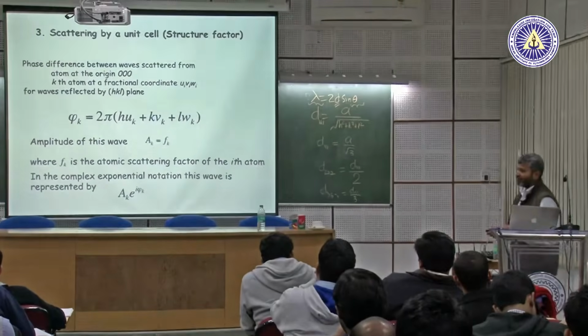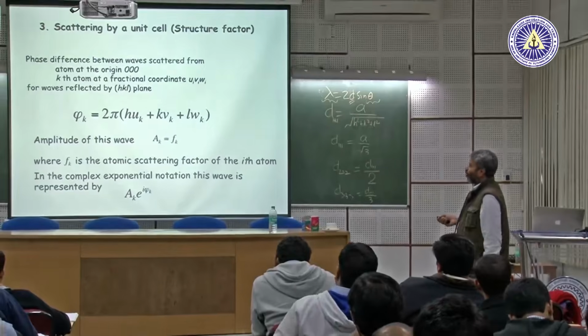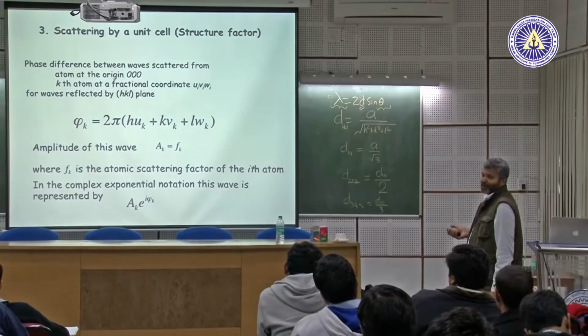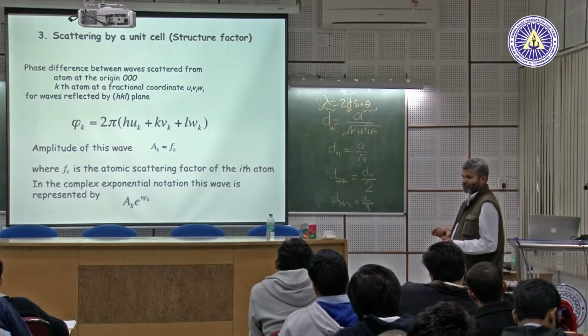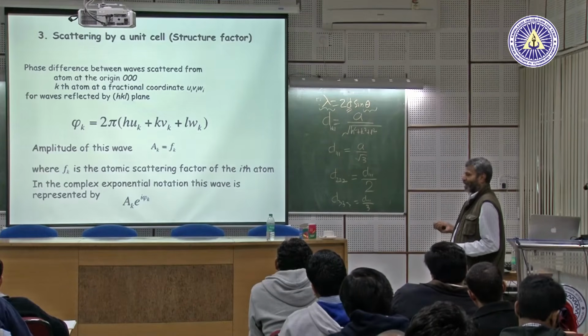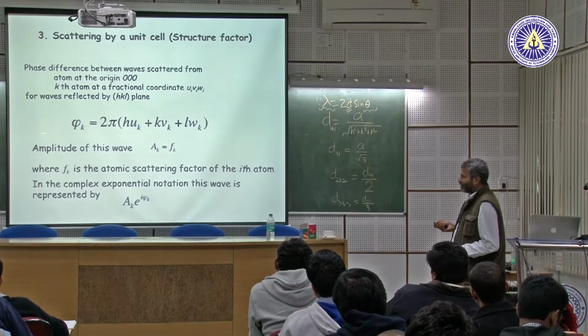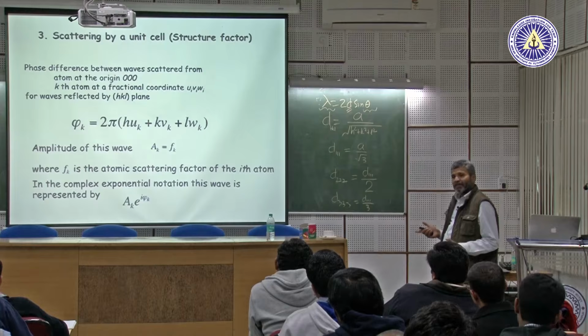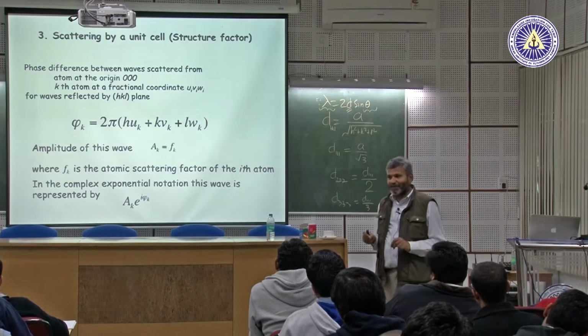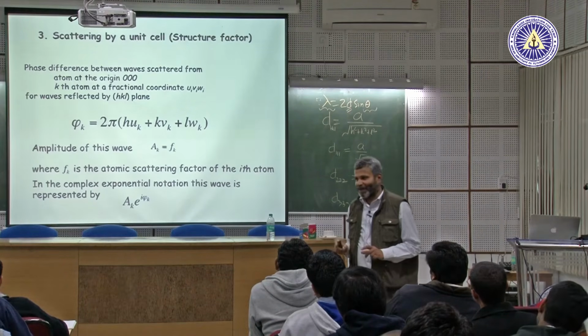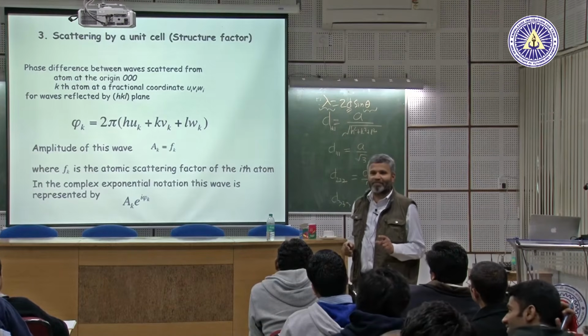Now, this is not very difficult, but even Cullity has not been able to derive it successfully. He does it for one dimension and then jumps to this formula. The correct way of deriving this is the reciprocal lattice method, which fortunately is not my subject, it is Ashish Garg's subject, so ask him for the derivation.